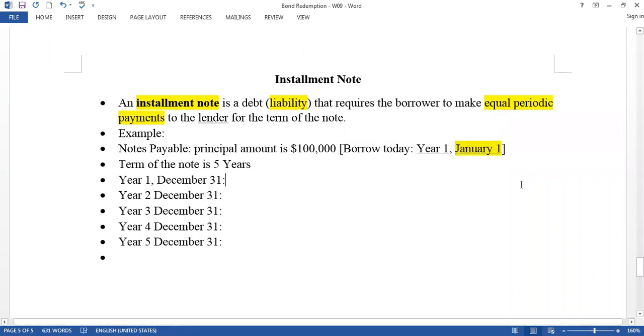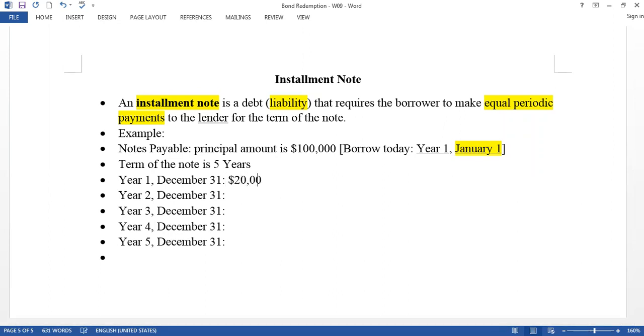You understand? Now, when you are going to pay this loan, you are going to make equal periodic payments, and you are going to pay this money at the end of every year. And I assume that it is $20,000.